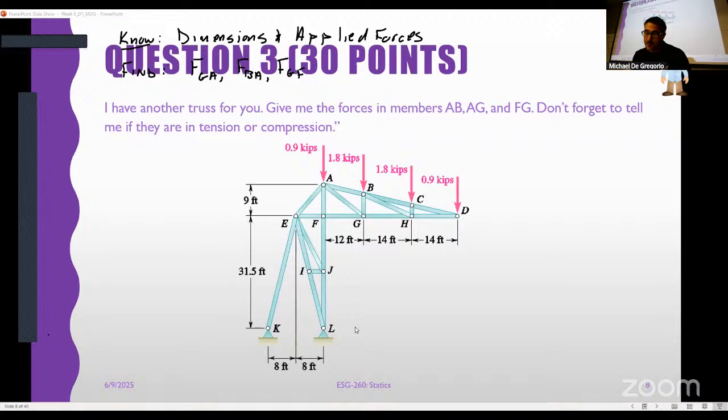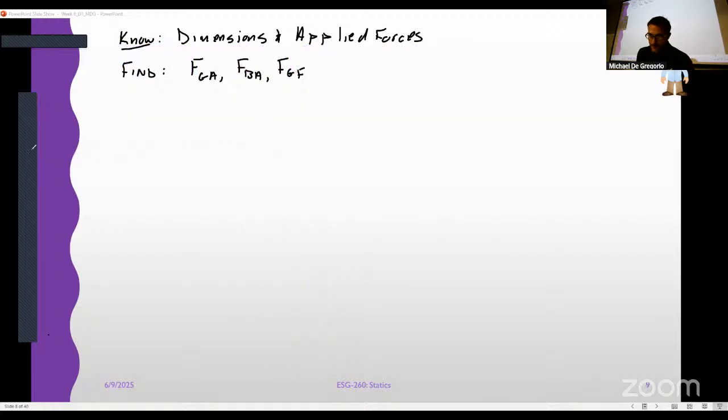If you wanted to, you could find the reactions, and that's fine. But if you didn't want to find the reactions at all, you could just cut it and use the right-hand side of this FBD. Whatever you want to do, both of them will come out correct. If you're going to do the left-hand side and use the reactions, then you point this one along EK, and this one becomes an X and a Y, right?